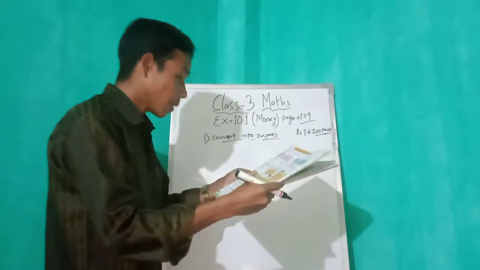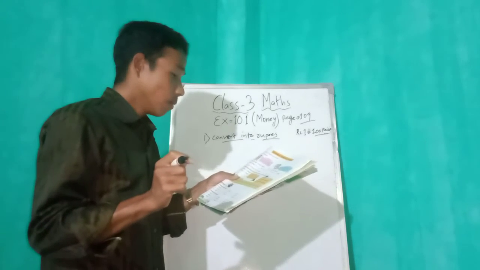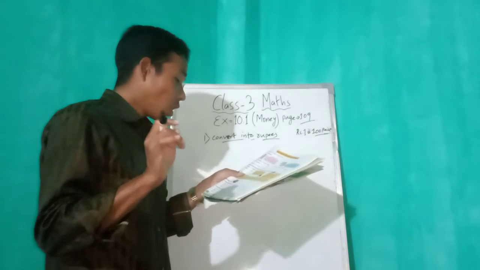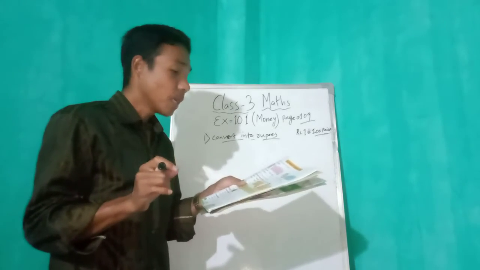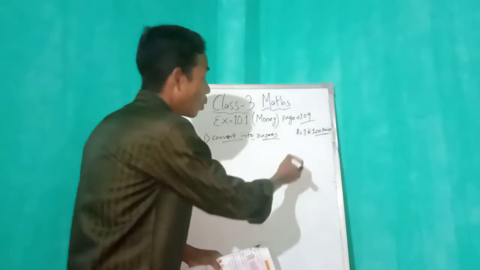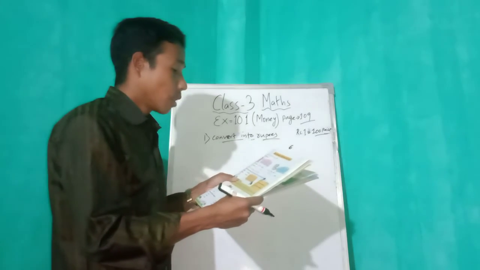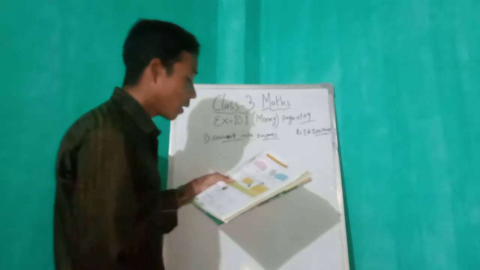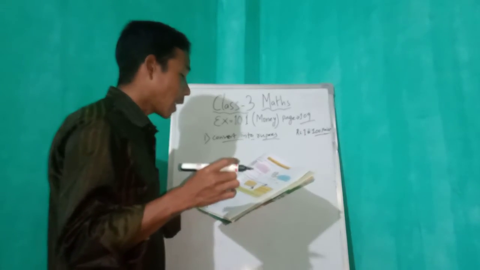Just keep in mind, in order to convert paise into rupees, what you have to do? Count two digits from the right, and put a dot there. And at the beginning, write RS.